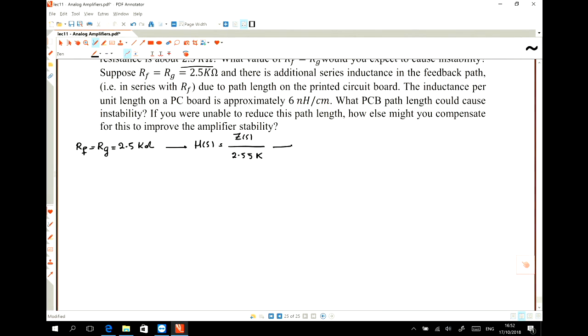And then from here the HS equals to ZS minus, can somebody calculate this? 20 log of 1 over 2.55K.